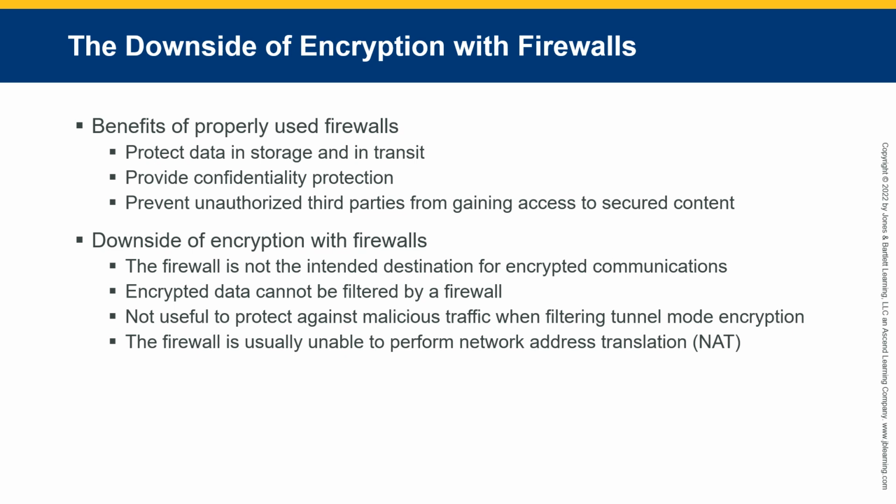Now, the downside: a firewall is not intended to be a destination for encrypted communications. It's okay for traversal, but if you're using functions like caching or inspection that would hit a firewall for that functionality, with encryption you can't really do that. So encrypted traffic can't be filtered. We can't have that content inspection in there. And it's not useful if your firewall is also doing something like anti-malware inspection.